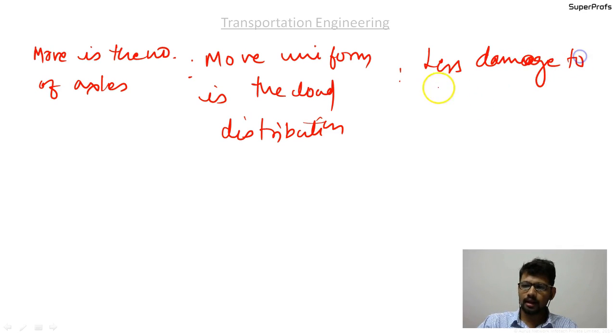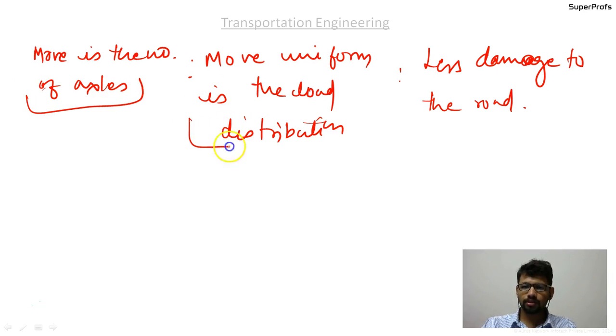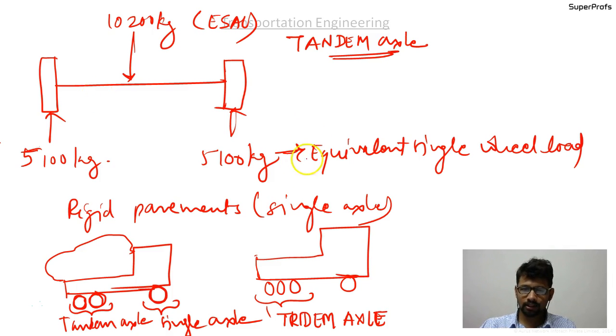Whenever the vehicles are very heavily loaded, we need to provide more axles for more uniform load distribution.